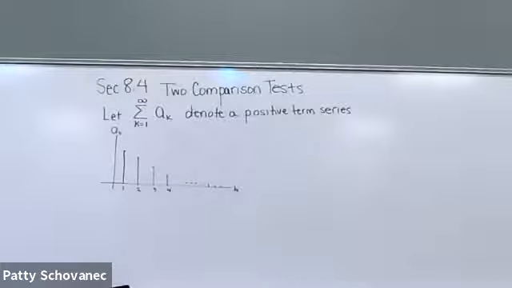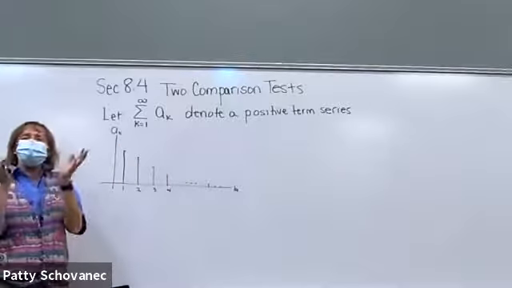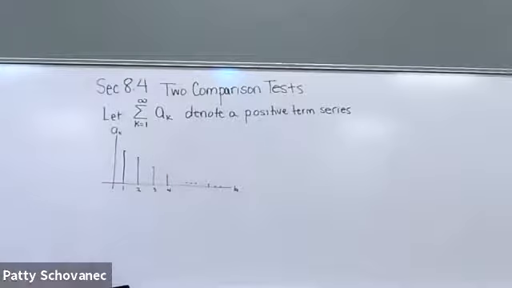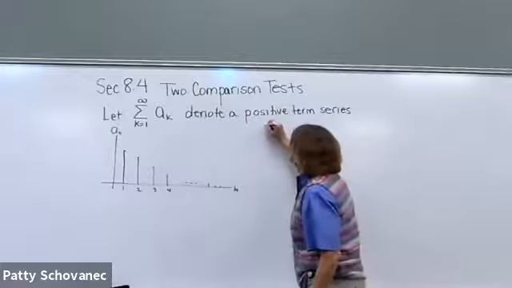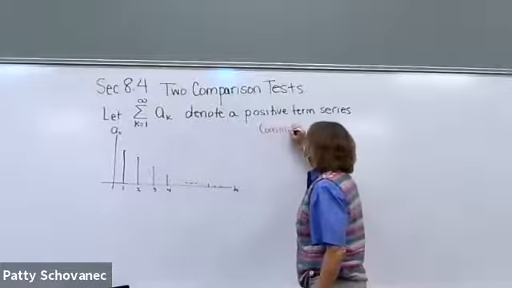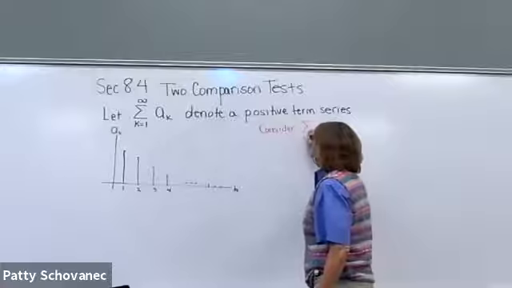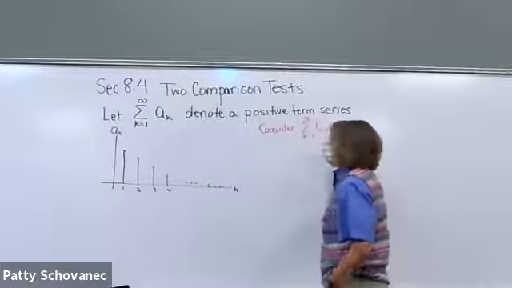And suppose that all of the terms in this series look almost like the terms of a series whose behavior I know. So here's the series in red whose behavior I know. And consider the positive term series from k equals 1 to infinity. Let me denote them c_k.